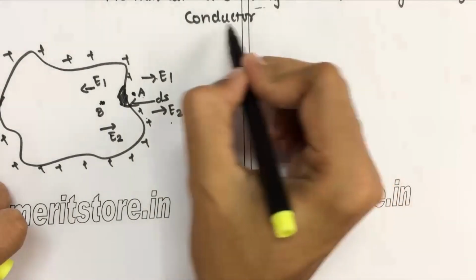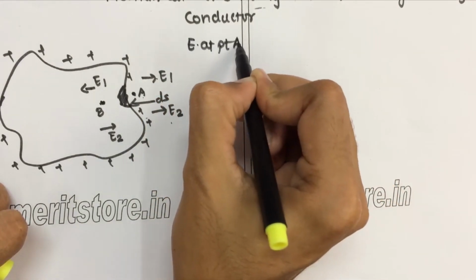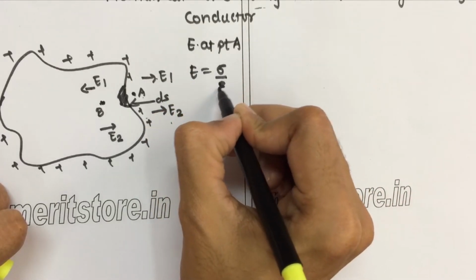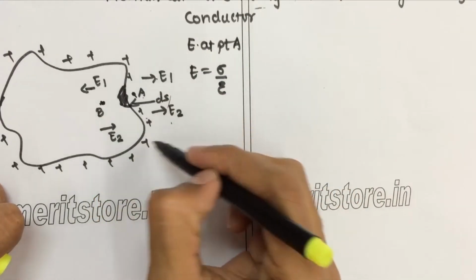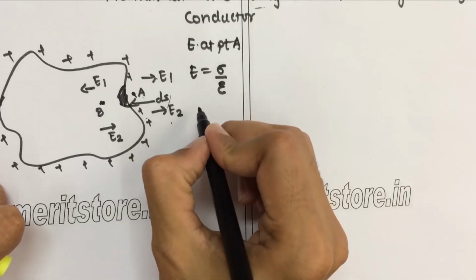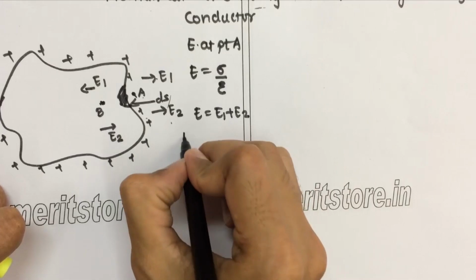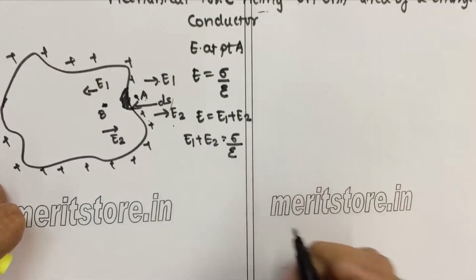The electric field intensity E at point A is given by E equals sigma upon epsilon. But this electric field intensity E is the addition of all the electric field intensities outside, so E equals E1 plus E2. So E1 plus E2 equals sigma upon epsilon.